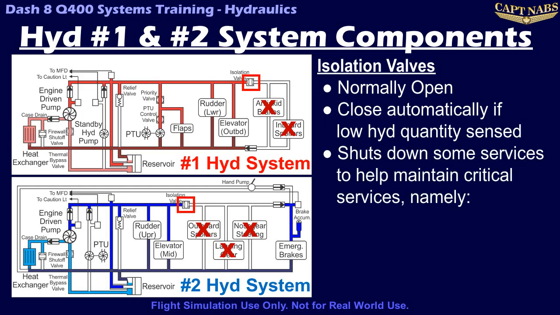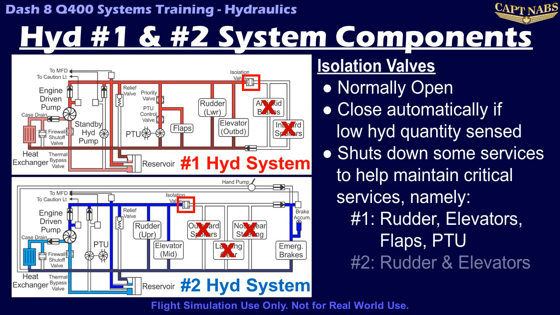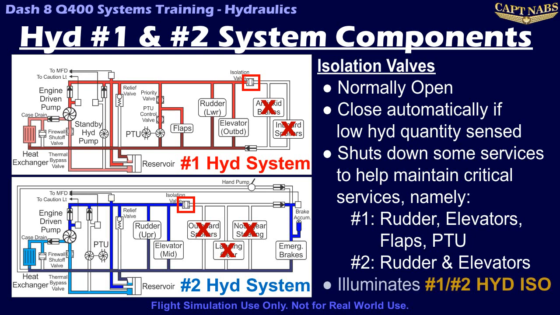The critical services that are not cut off by the isolation valve are basically the primary flight controls, including the flaps, the PTU, rudder, and elevators in System 1, and only the rudder and elevators in System 2. Systems that will go offline include the landing gear, spoilers, brakes, and nose steering, depending on whether the System 1 or 2 isolation valve is closed. When either isolation valve closes, it also illuminates the corresponding number 1 or number 2 Hyd ISO valve caution light.